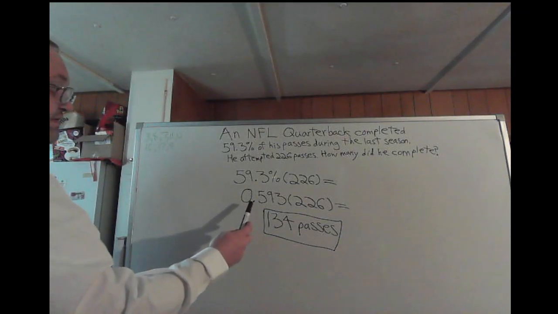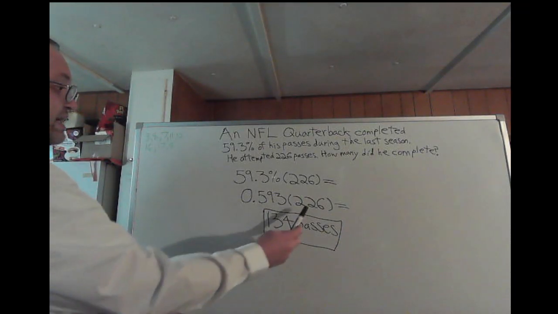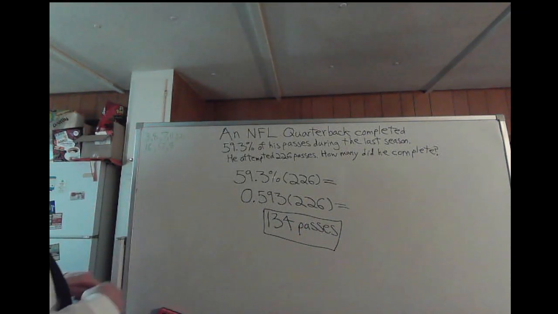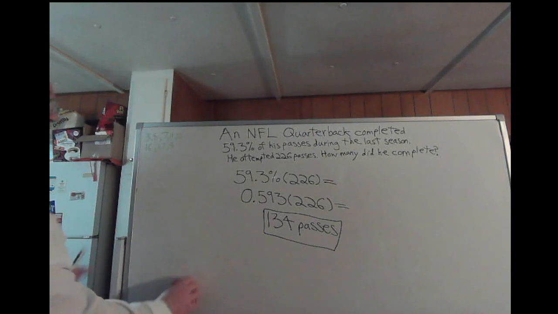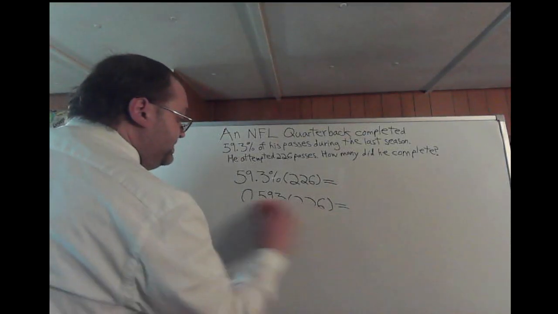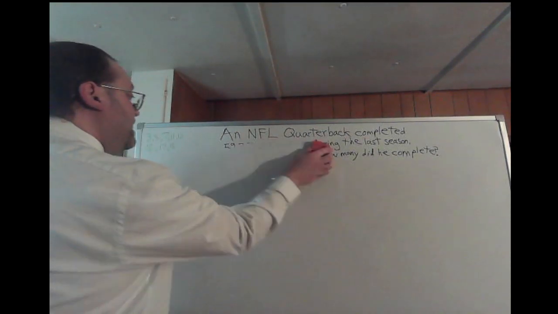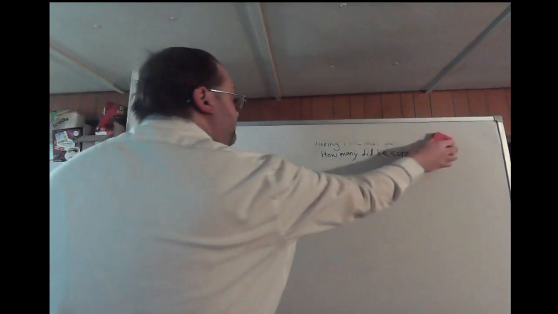You convert that 59.3% to a decimal times 226, you come up with 134 passes. And it's really not that bad to do these type of problems. I got more. Sometimes word problems can be overwhelming because they're throwing a lot at you, but it's important to be able to decipher what it is you need exactly.